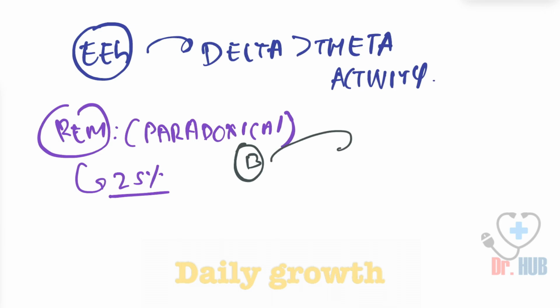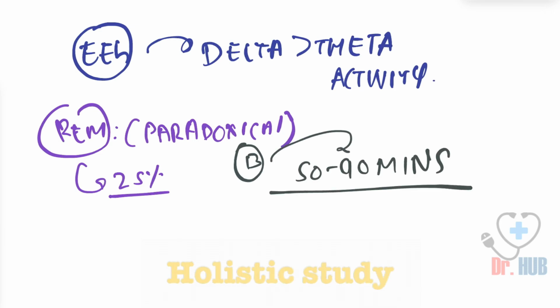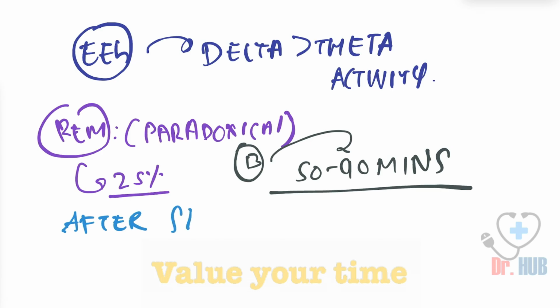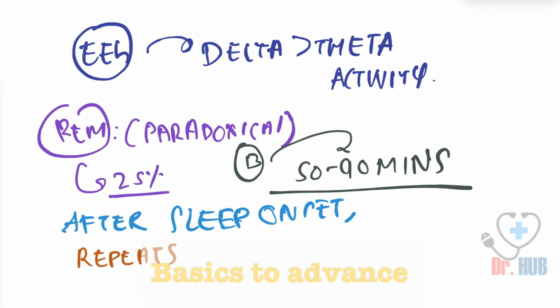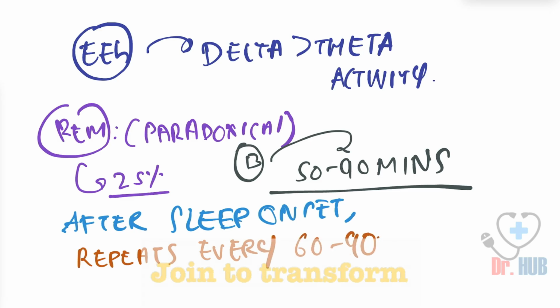It occurs about 50 to 90 minutes after sleep onset, and the episodes repeat every 60 to 90 minutes.